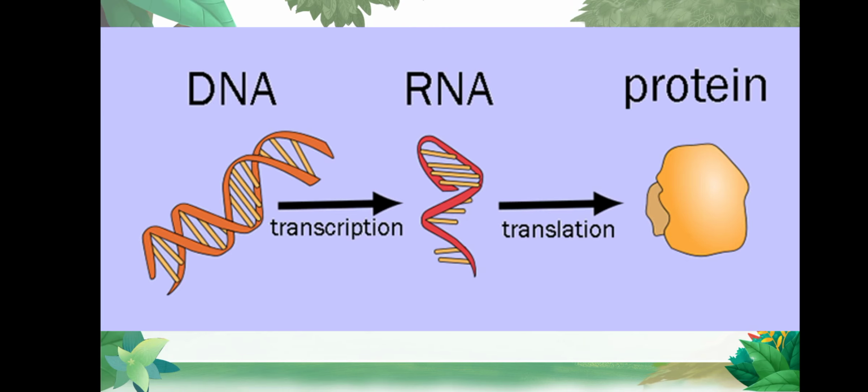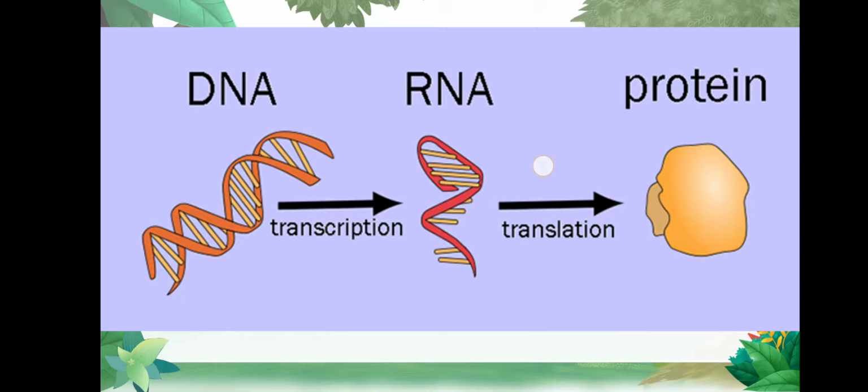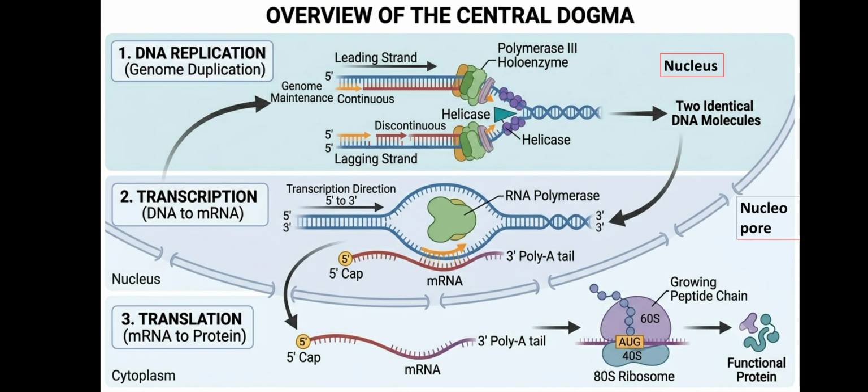If simplified, from DNA the RNA is made, that is known as transcription, and from RNA the translation takes place. And when DNA itself is replicated, copying itself, it is known as replication. So this is the overview. In replication the amount of DNA is doubled.